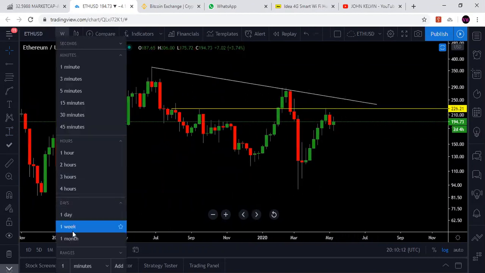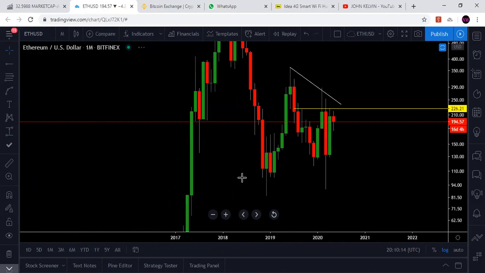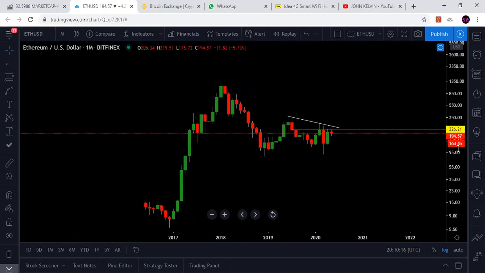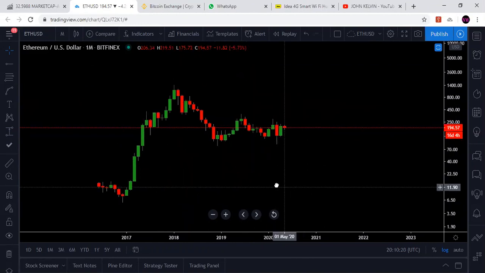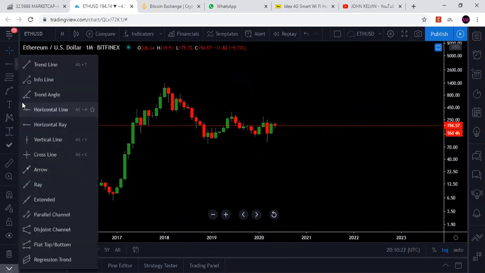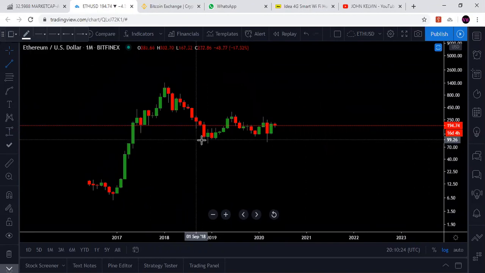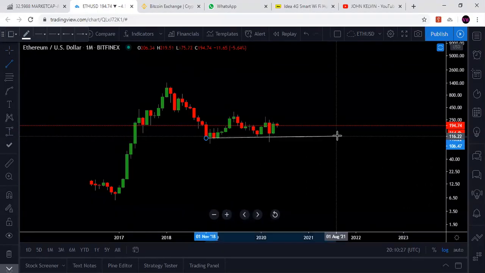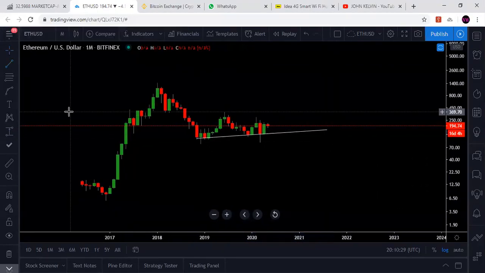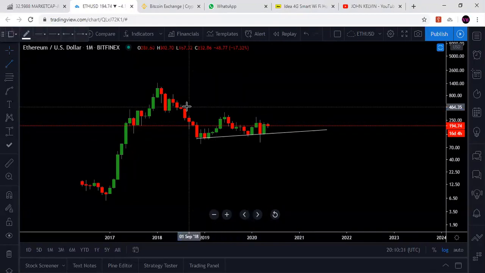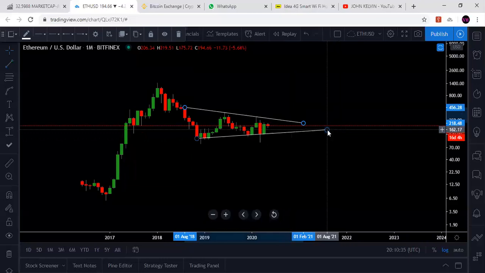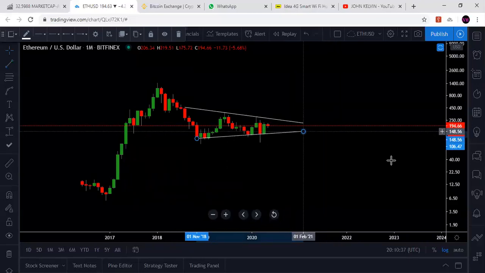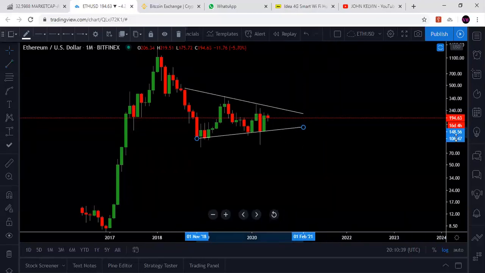Let me look at the monthly chart. So this is a symmetric triangle chart pattern.